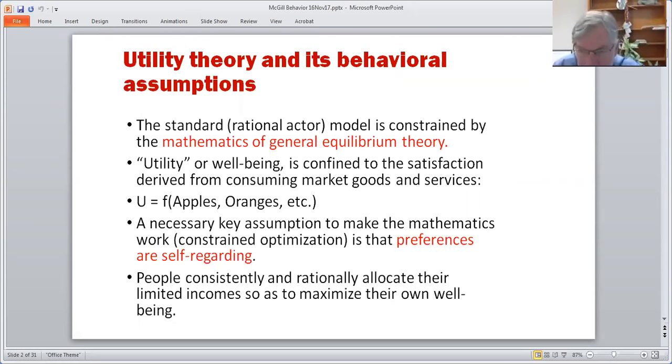A key assumption to make the mathematics work is something called self-regarding preferences. So my utility is not influenced by your utility. I just look out for myself. This is economic man, and most women don't mind it being male because it's sort of selfish and self-centered and so forth.